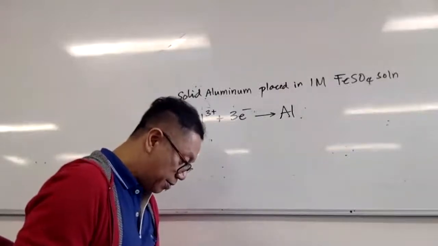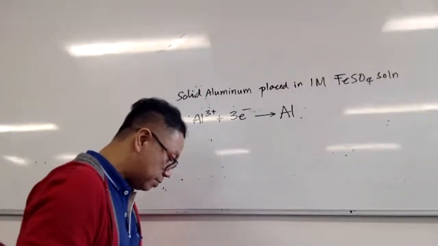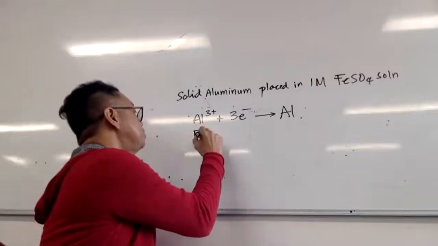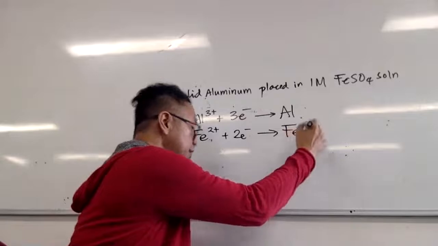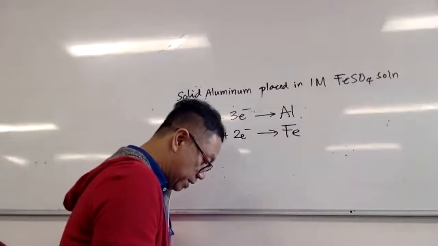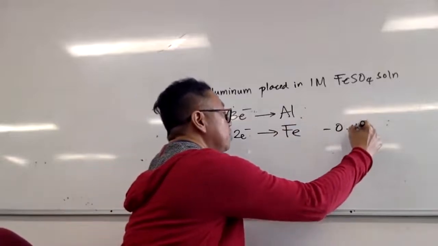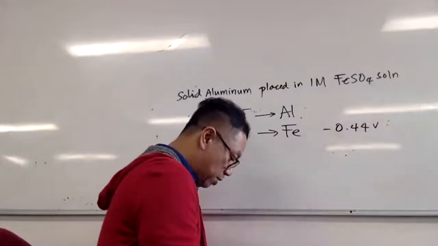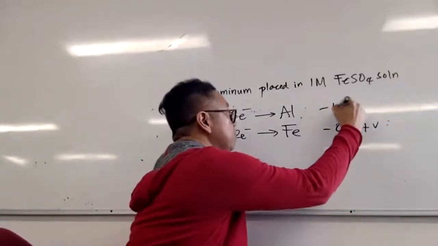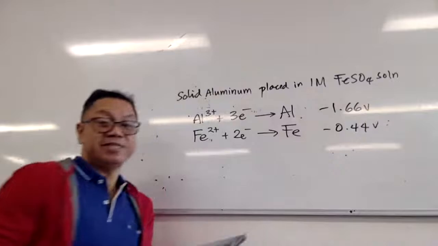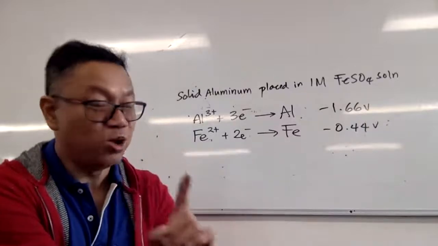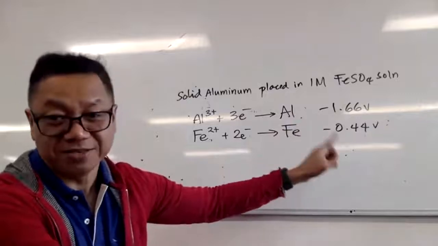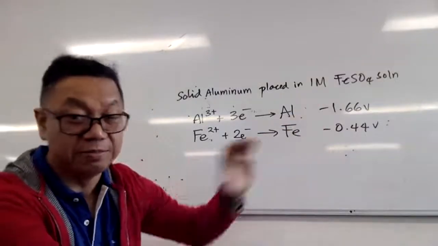And then iron 2 plus plus 2 electrons will give me iron, and that will be negative 0.44 volts, and aluminum will be negative 1.66 volts. Now, here's the thing. For a battery, we know that this should be positive, meaning when you add them, they must be positive.